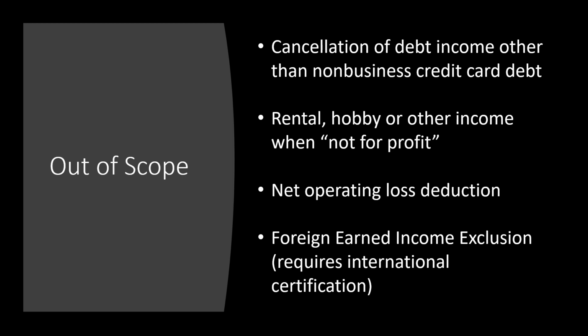Particularly, any business cancellations of debt are out of scope. Also, any income that is rental, hobby, or other kinds of income that are not for profit is out of scope for the VITA program. Net operating loss deduction is out of scope.